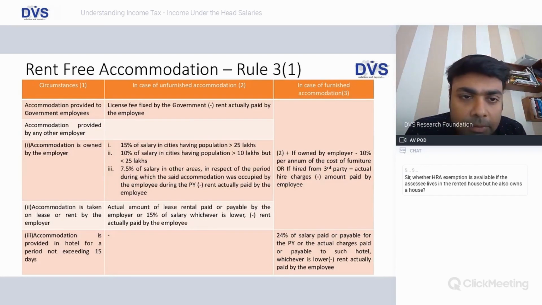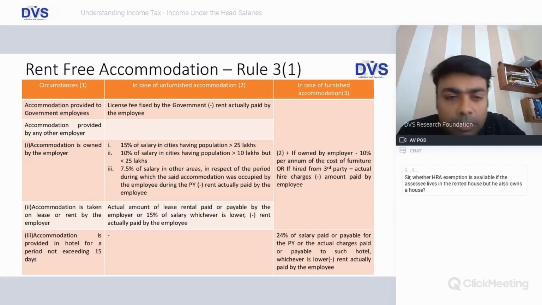Rent-free accommodation, furnished or unfurnished. For a government employee, it's fairly straightforward: whatever is the license fee specified by the government for that particular accommodation minus the rent actually paid. Next, accommodation provided by any other employer. Where the accommodation is owned by the employer, you have to look at the population of the city.